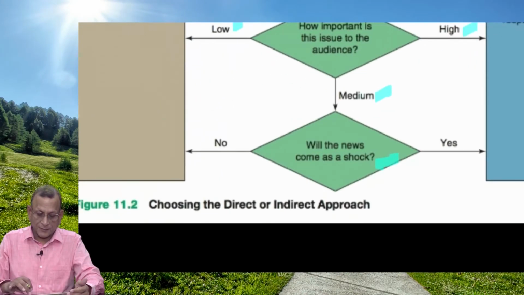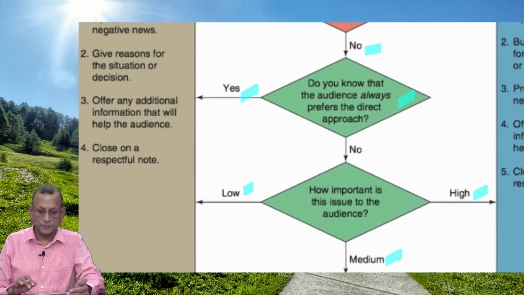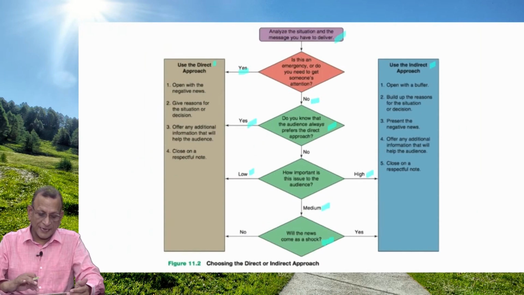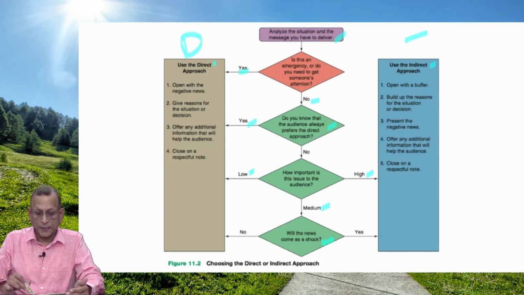So, last diamond, will the news come as shock? No. So, go to the direct approach. And if yes, then go to indirect approach. So, friends, in this manner, with the help of this diagram, we are in a position to understand when should we go for direct approach and when should we go for indirect approach.